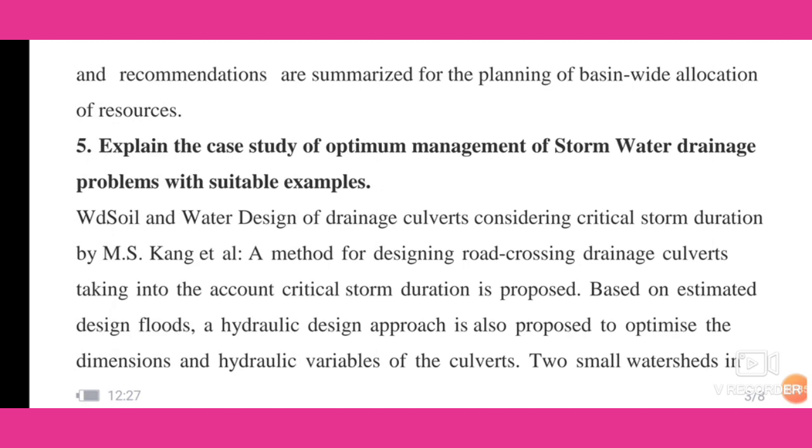And at last, storm drainage with a suitable example is given: design of drainage culverts considering critical storm duration by M.S. King et al. Storm drainage is actually a big problem in metro cities, mega cities, or even sometimes in a town or village, when rainfall intensity or frequency creates a very big problem.